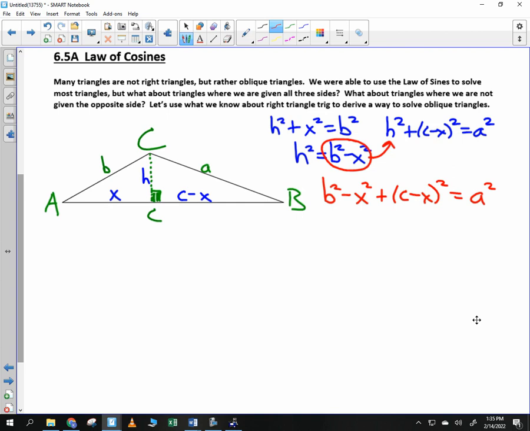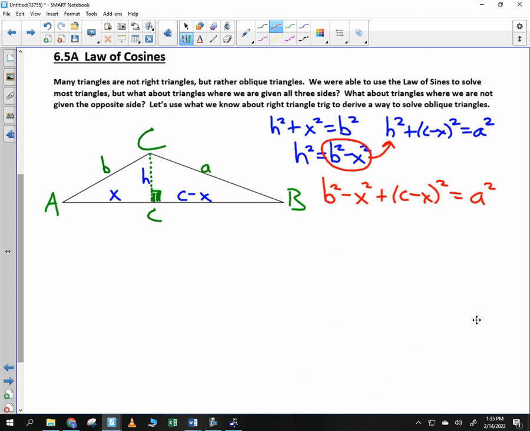So I just took this and I put it in for H squared. My goal, what I accomplished is I got rid of the H's.